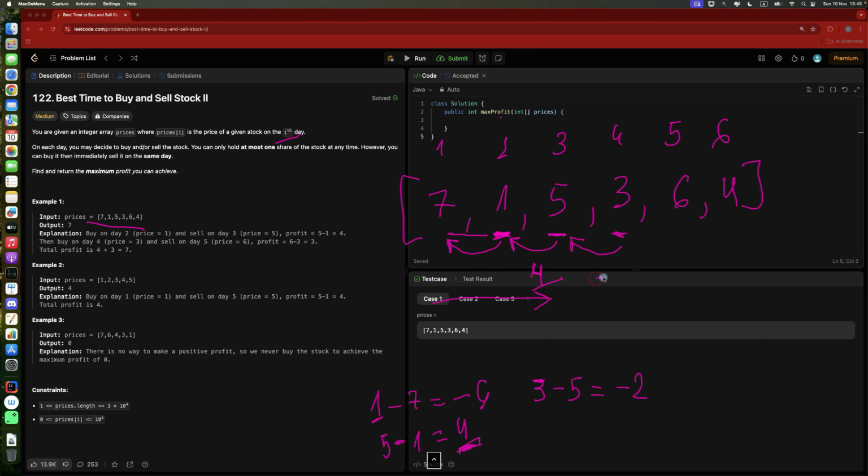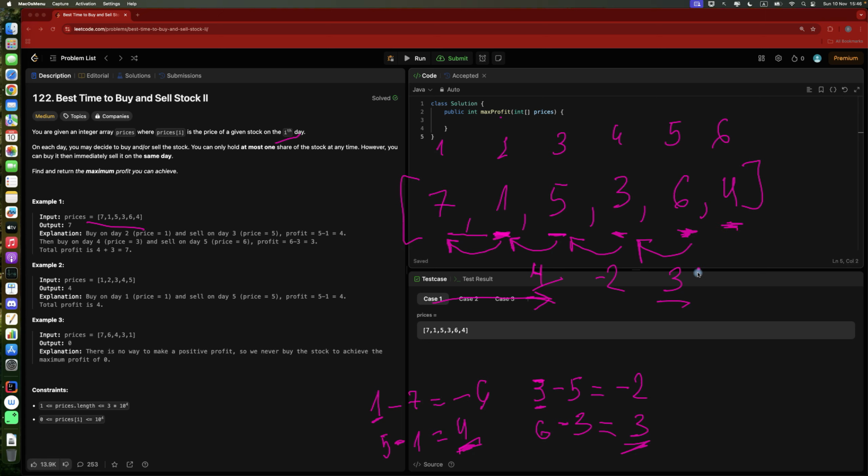So it is not a good idea. When we are standing here, we look at the previous and we say 6 minus the previous 3 is 3. It's a good idea to buy here. We have a 3 profit, right?